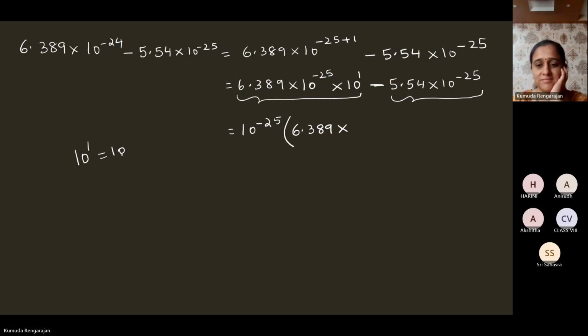Sorry, ma'am, 10 to the power 1 is 10. So 6.389 into 10, minus 5.54. That's all.